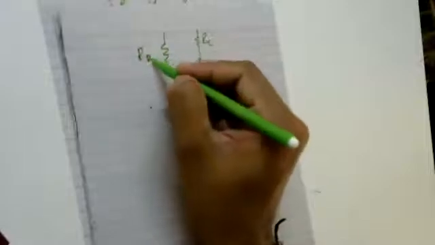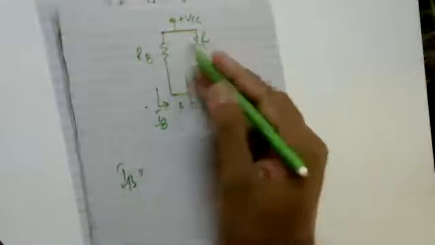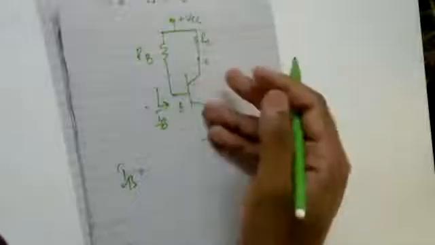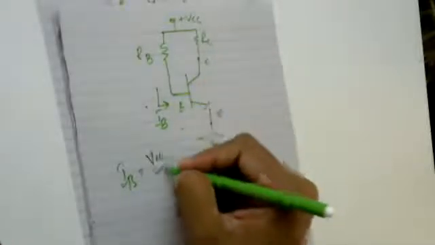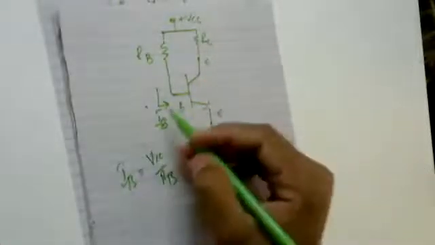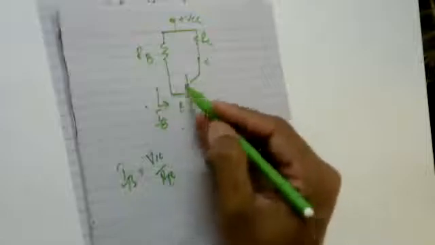This is called RB, which is once again connected to plus VCC. The current that flows into the base here is IB. The value of IB is given by a simple Ohm's law: VCC is applied, so V equals IR, I is V by R. VCC by RB is the value of IB that is going to enter into my base.